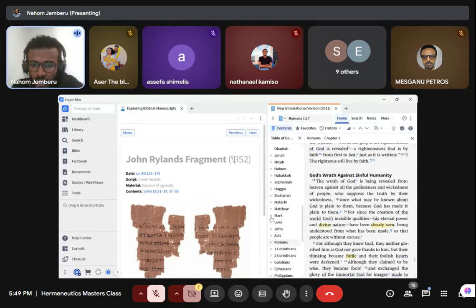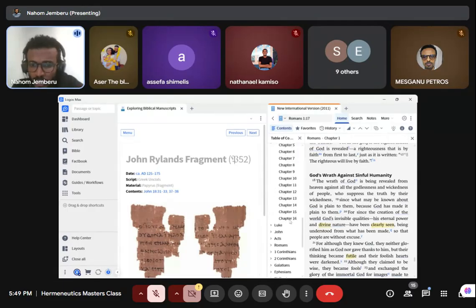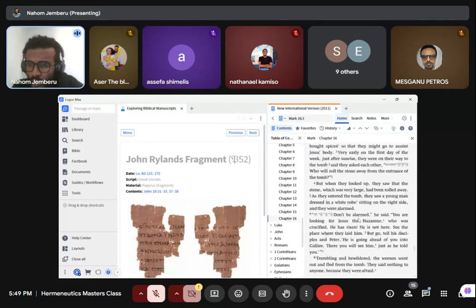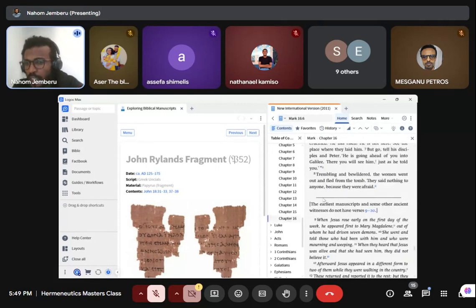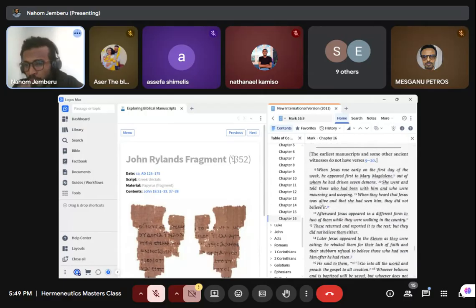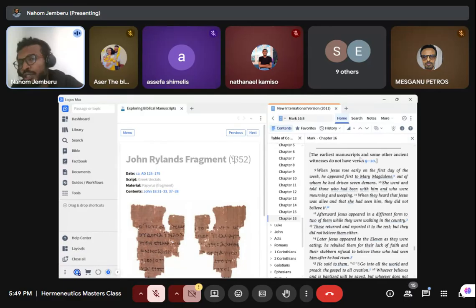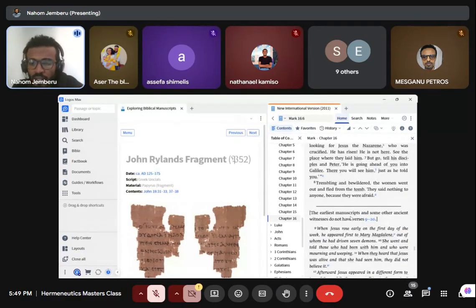And for example, consider Mark 16. As you know, there is a huge textual issue when it comes to Mark 16. Since it is a huge chunk of material, it brackets it off like this, and tells you that the earliest manuscripts and some other ancient witnesses do not have verses 9 to 20. So if you are trying to interpret Mark 16, your first step will be to establish the existence of that portion of the reading.